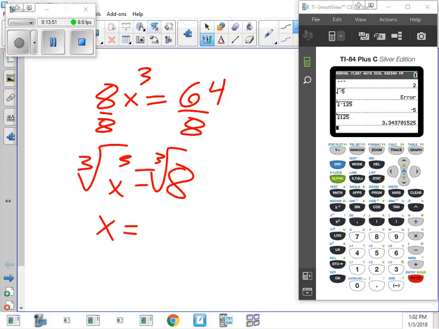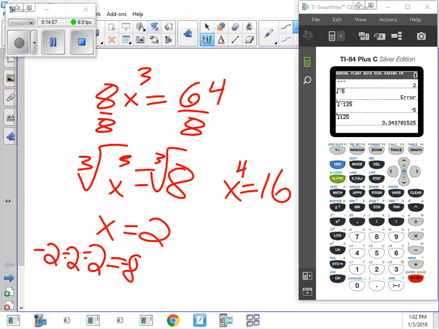No, just 2. The reason is 2 times 2 times 2 is 8. But if I make those negative, then it equals negative 8. But if I had x to the 4th equals 16, do I need a plus or minus? Yes, because negative 2 times negative 2 times negative 2 times negative 2 will end up with a positive.